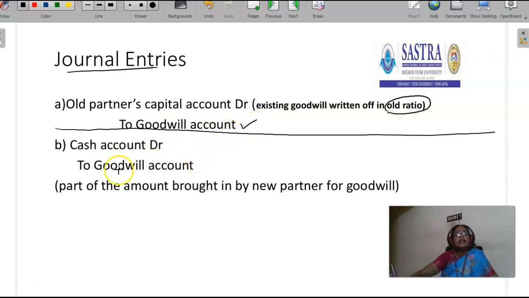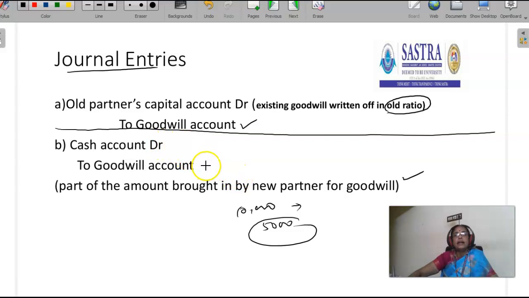Then cash account debtor to goodwill account, part of the amount brought in by new partner for goodwill. So suppose 10,000 rupees is his share of goodwill. He brought only 5,000 rupees. This 5,000 rupees is to be entered here. Cash account debtor to goodwill account is 5,000 rupees.